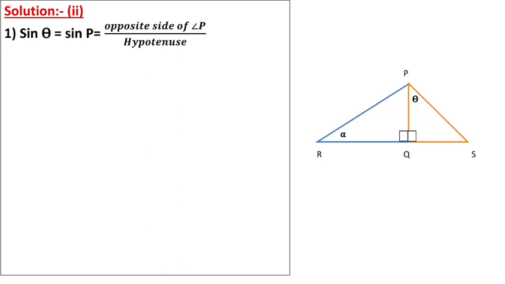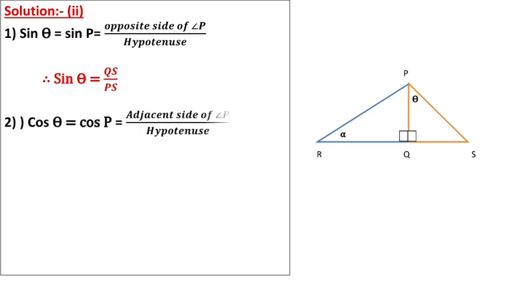Theta value is of which angle? Angle P. So opposite side of angle P upon hypotenuse. So here in this triangle PQS, the hypotenuse is which? PS. Very good. Now the opposite side of angle P is QS. QS and the hypotenuse is PS. The answer is QS upon PS.